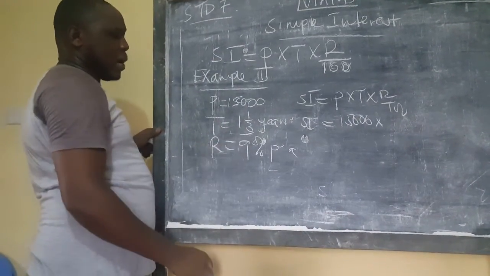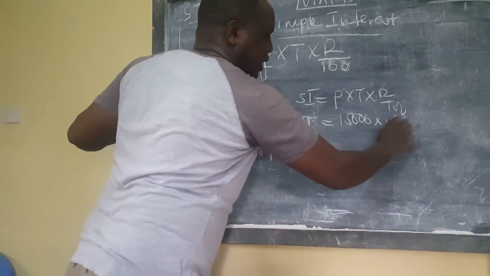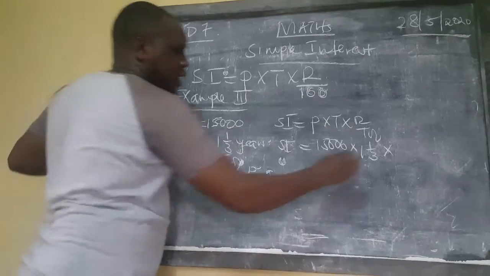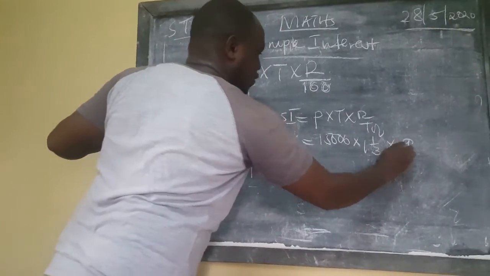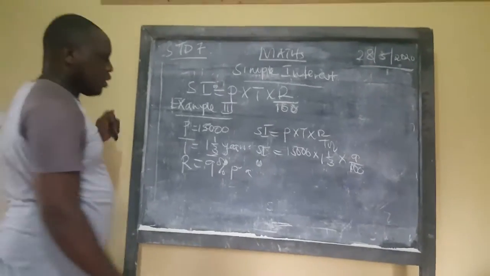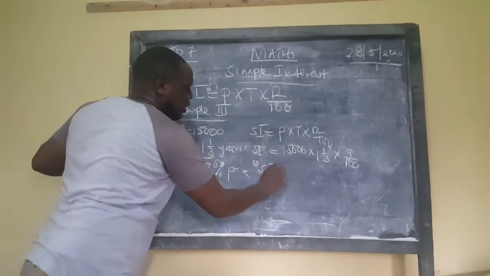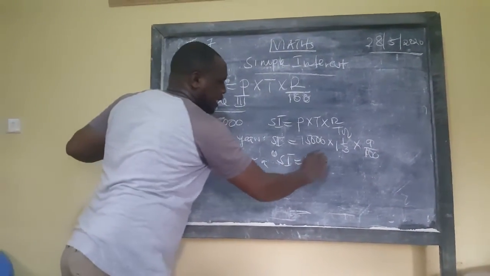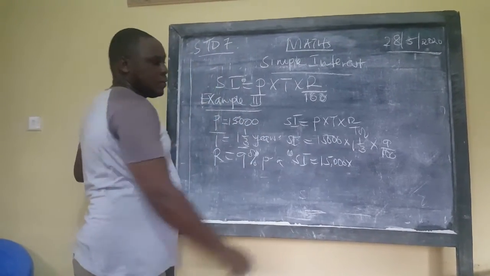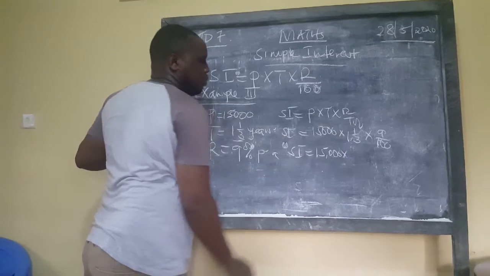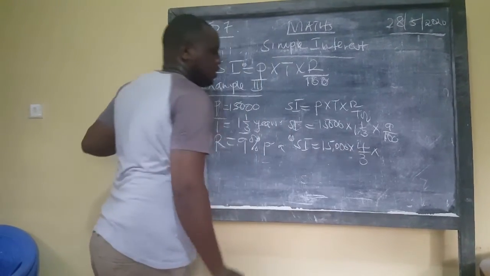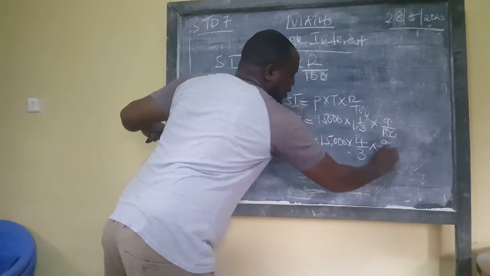The time is 1 and 1 over 3, times 9 over 100, which is 9%. So this simple interest will be 15,000 times, you change this, 3 times 1 plus 1, which is 4 over 3, times 9 over 100.